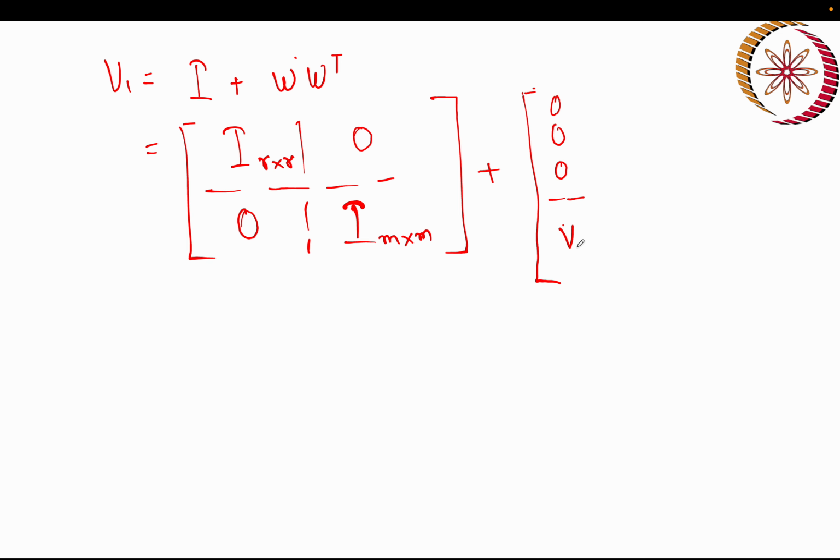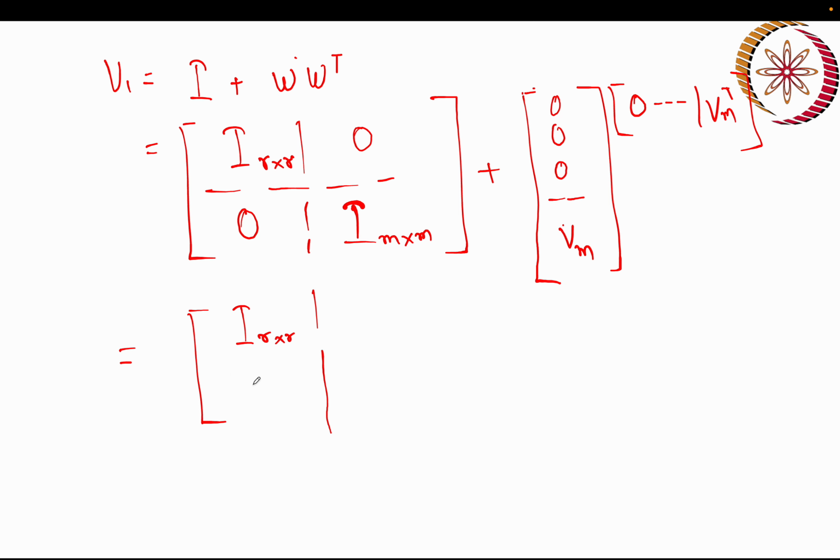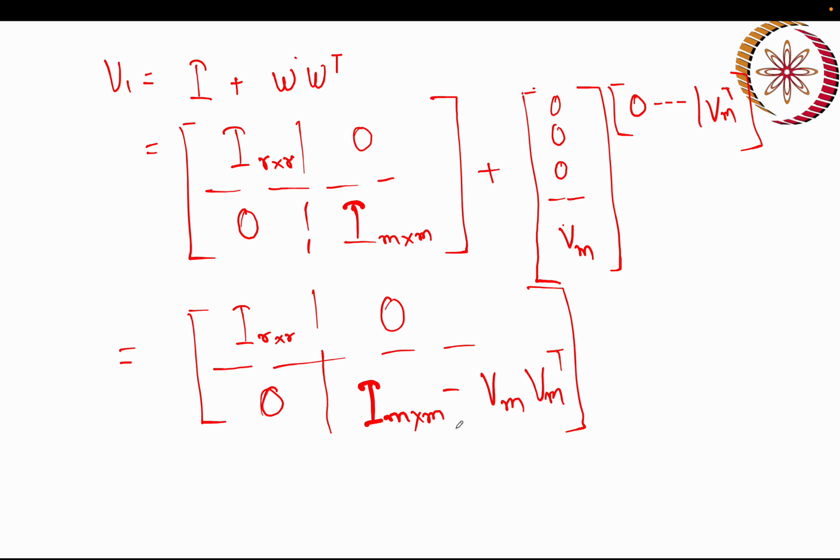Then this is v which will be of m size. This will have zeros, then it will be vm transpose. If we do this calculation, it will be I r cross r, 0 0, and I m cross m minus vm transpose.